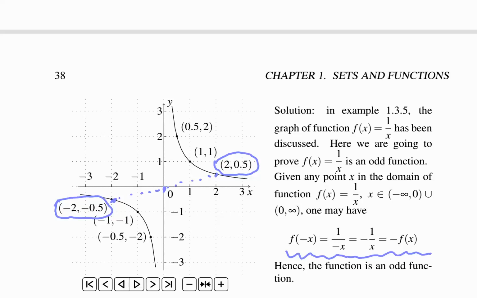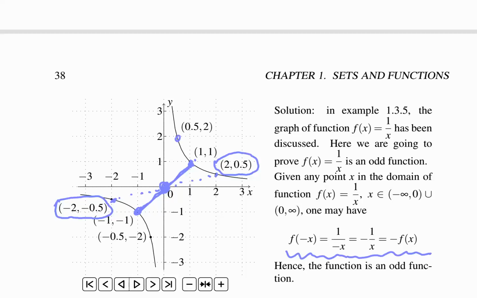Actually, every pair of points has this property. If you connect those 2 points, then the line will go through the origin. And the distance between the origin and this point equals the distance between this point and the origin. So those 2 points are symmetric with respect to the origin.